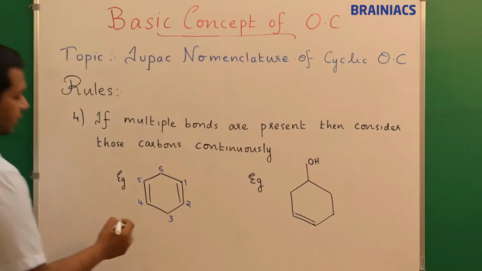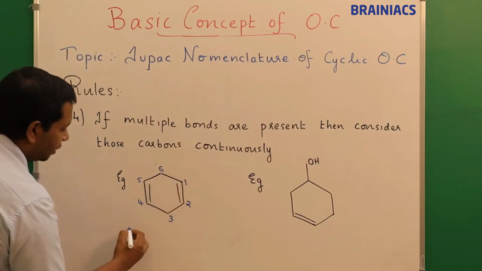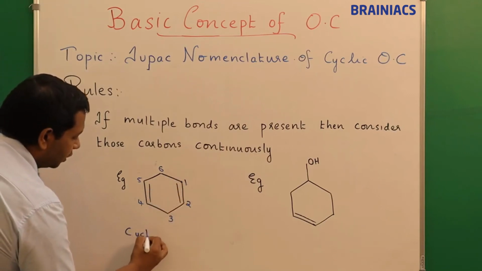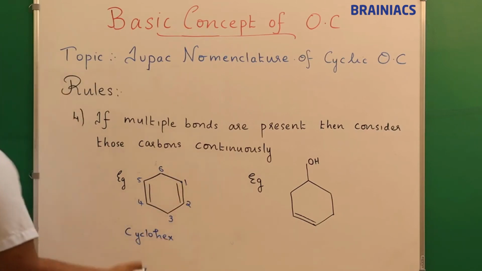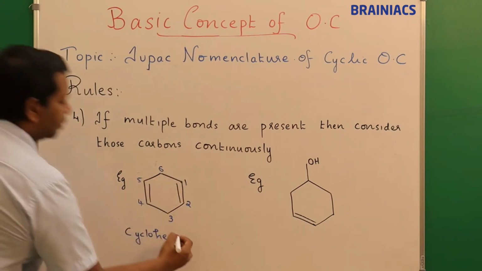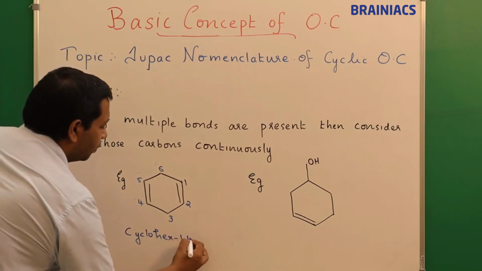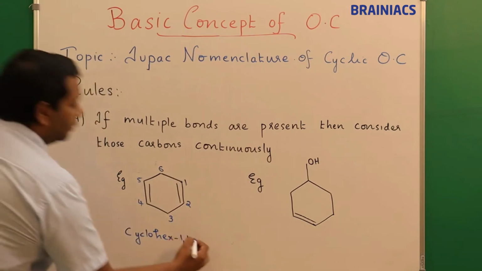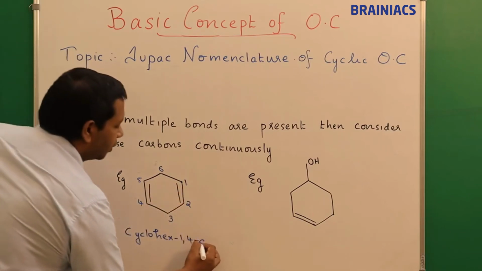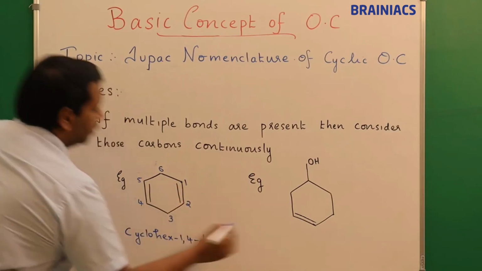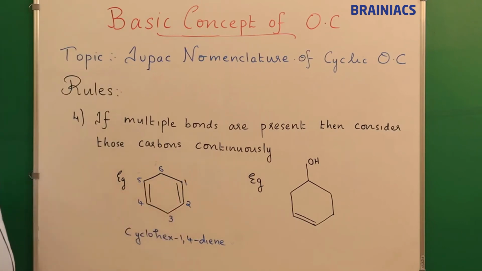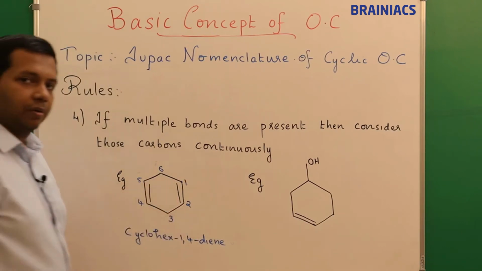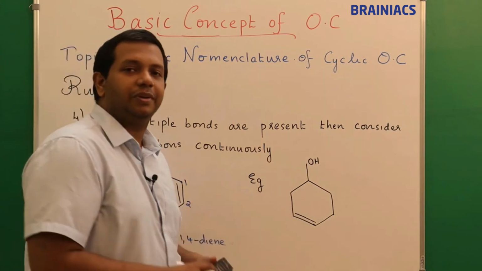So I can say cyclo, hex, then 1,4, so hyphen 1,4, then hyphen, both are double bonds, so I will use diene. So it should be cyclohex-1,4-diene. Understood? Very important rule.